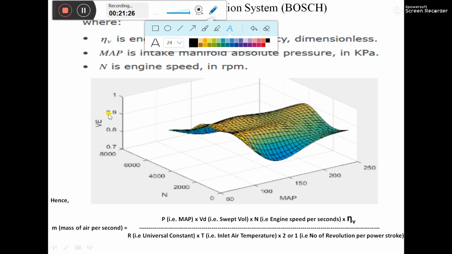Through this we come across the volumetric efficiency. Through the volumetric efficiency and the theoretical mass of air, we get the actual mass of air. Once the actual mass of air is calculated, we refer to one more engine map, in which the x-axis is mass of air, the y-axis is throttle position, and the z-axis is degree of leanness or degree of richness.